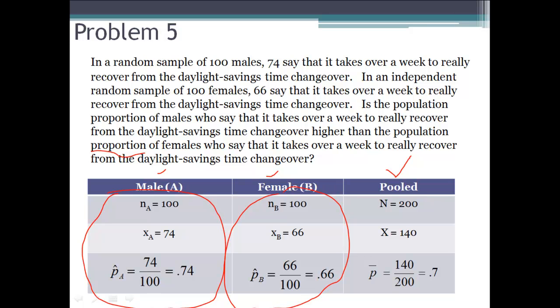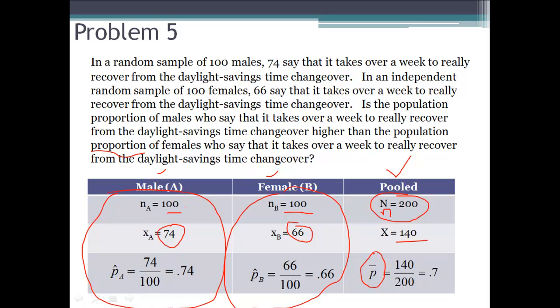So in our total sample, we take 100 here and 100 here. That's 200. That really should be a small n. And for the number that said yes, we take this 74 and add the 66 to get 140. And then this is the p-bar or pooled proportion, which will be the 140 divided by 200, or 0.7.